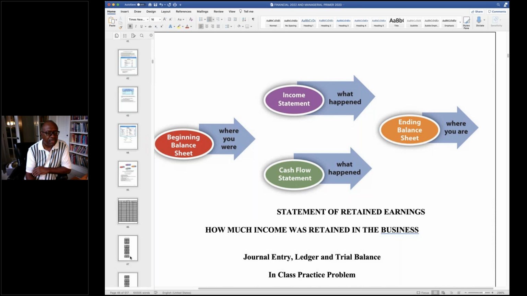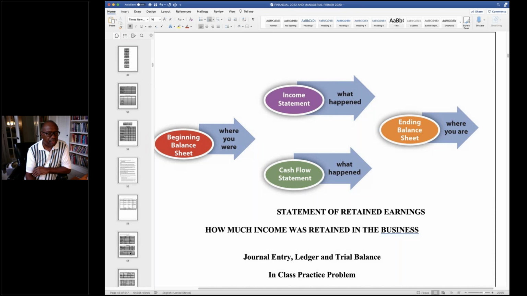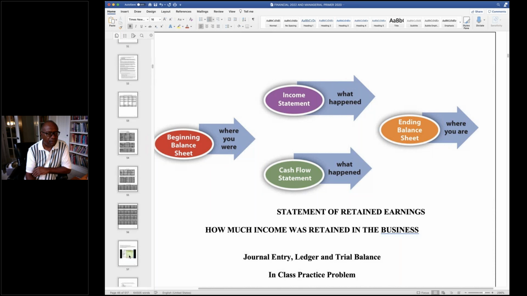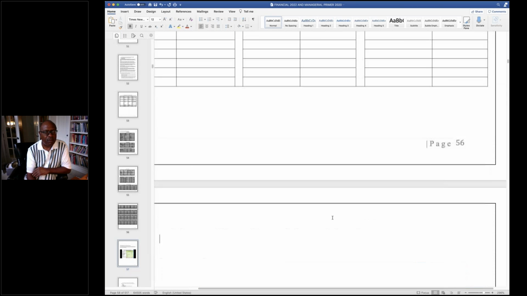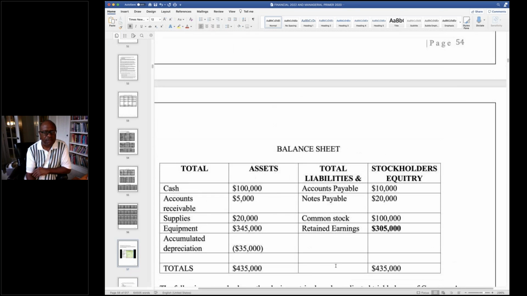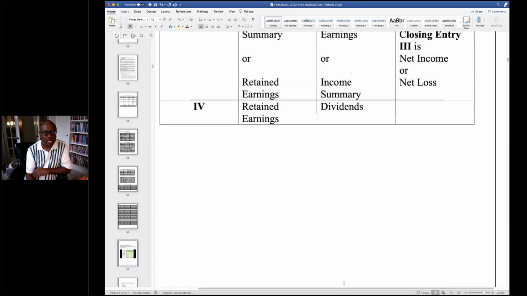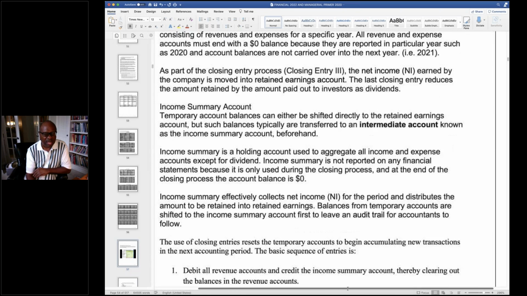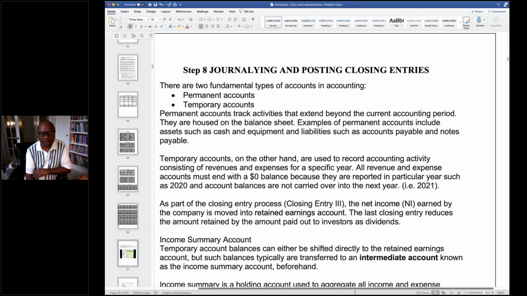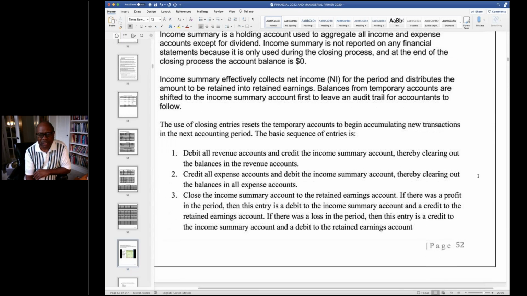Everybody's friend. See if I can get to the closing entries. Professor Boyd, what pages are they on in the primer? Let's say 56, so you see page 56? So closing entries actually start, assuming our pages are the same, on page 52.